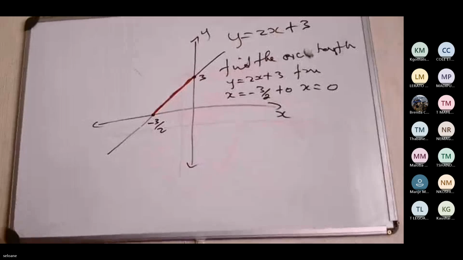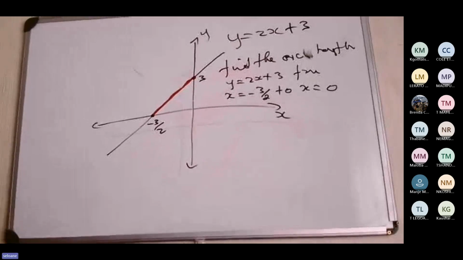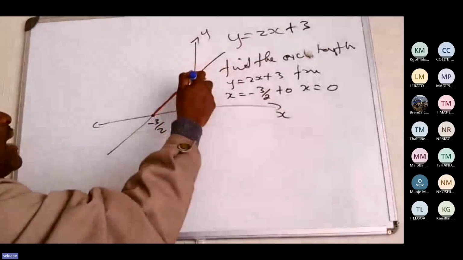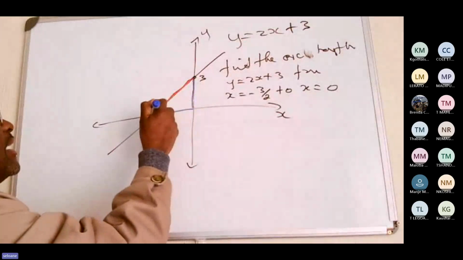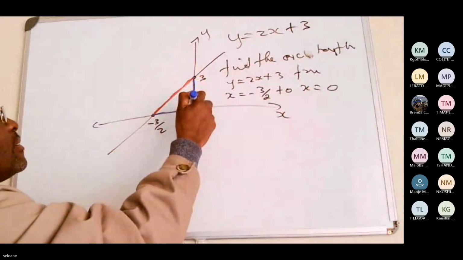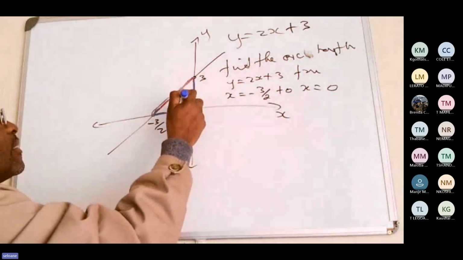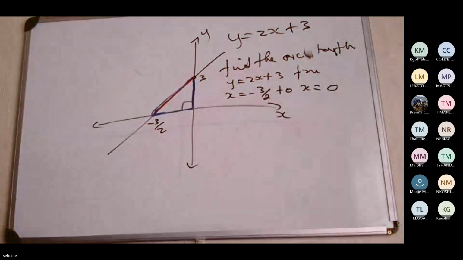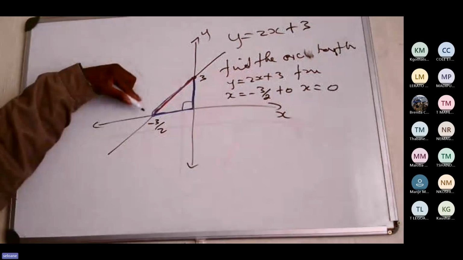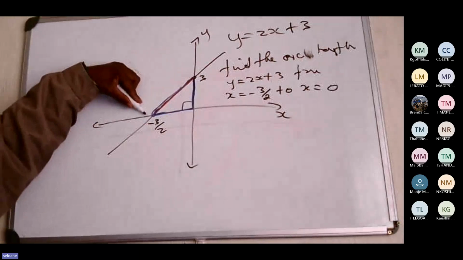Can we find it now, even without integration? The answer is yes. Why? Because this is forming a right-angled triangle here. Therefore, from here to here, that is this side, is the hypotenuse.